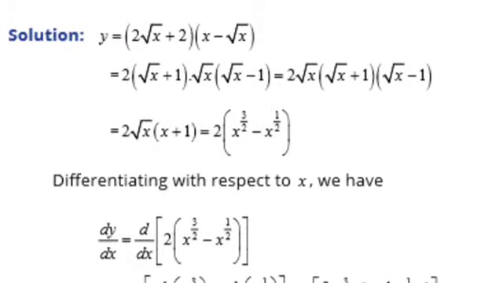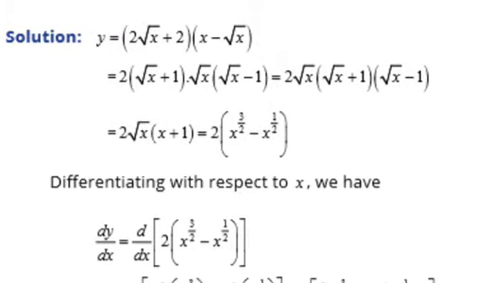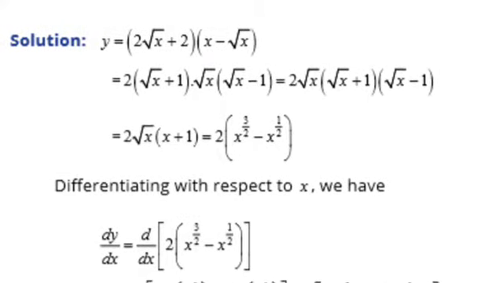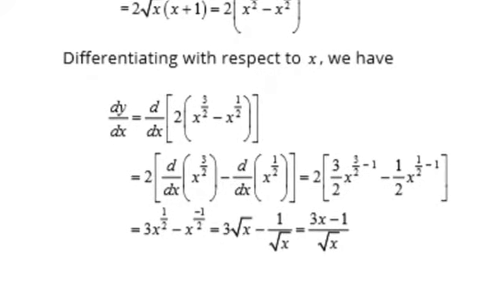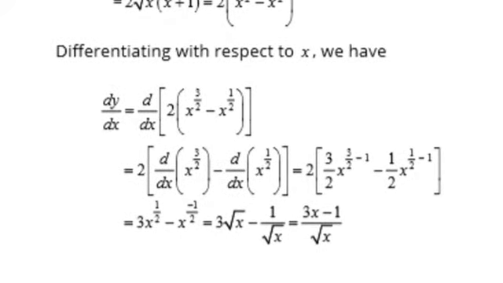Add the powers. When square root x is multiplied by x, the power of x is 1 and the power of square root x is 1 by 2. It becomes 3 by 2. Then differentiate, n minus 1.